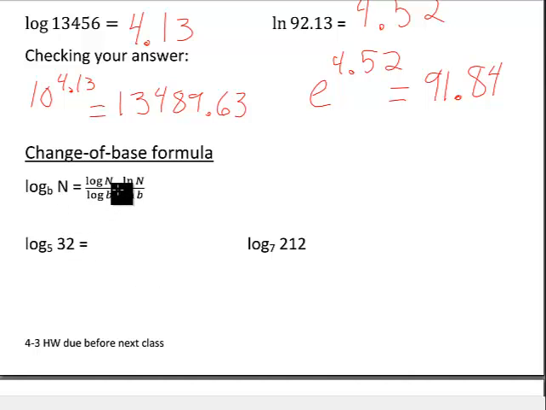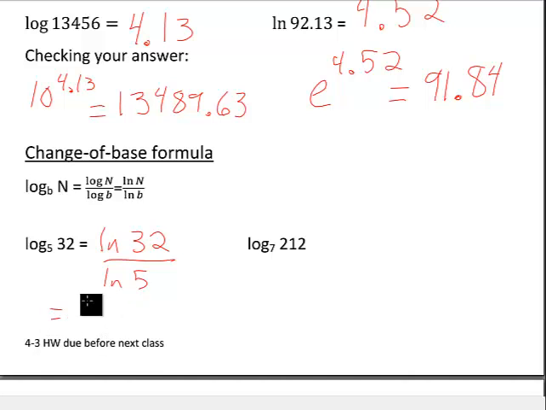You just take the log of the input divided by the log of the base, and you can do that with a common log, or you can do that with the natural log. So if we do that, let me just do the natural log first, just for fun. So we have the natural log of 32 divided by the natural log of 5.